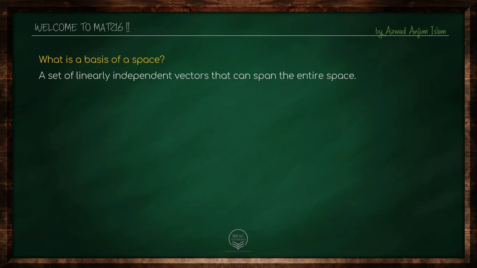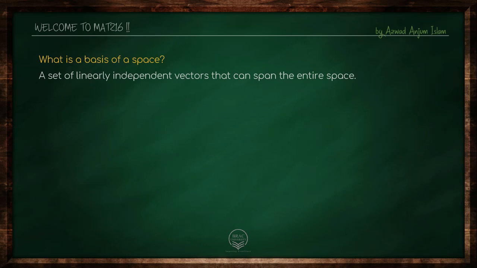And condition number 2 is those vectors have to span the entire space. So if we get some vectors that are linearly independent, which means there is no redundancy, and if those vectors can span the entire space, then we can call that set a basis of that vector space. So that is the basis of a space.